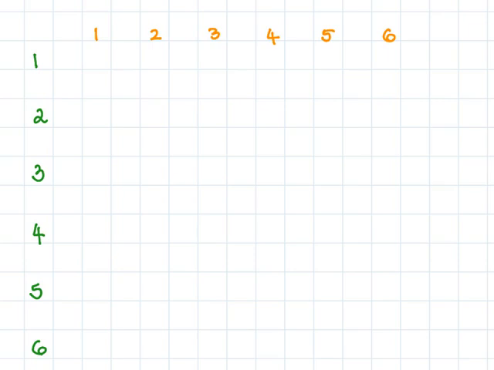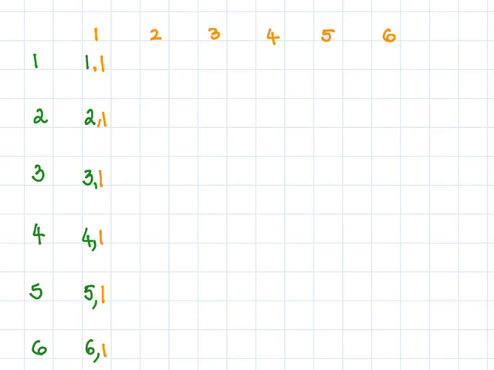Now the first possibility could be 1 and 1, right? The next possibility could be 2 and 1. Then the third possibility 3 and 1, the fourth 4 and 1, fifth 5 and 1, sixth 6 and 1. In this way we keep writing all the possibilities.